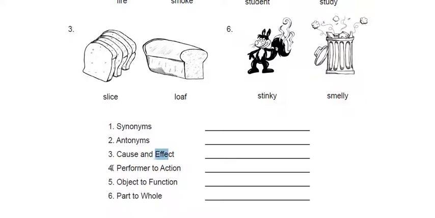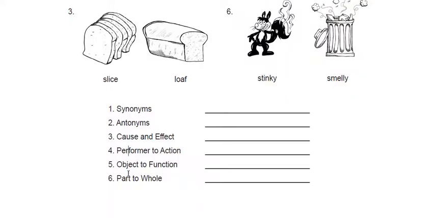Next, number 4, when we say performer to action, so performer means the person and what he is doing. For example, actor is to act, just like that. Dancer is to dance. So that is about performer to action. Number 5, object to function. So when we say object, the thing, and the function is the one that it does.